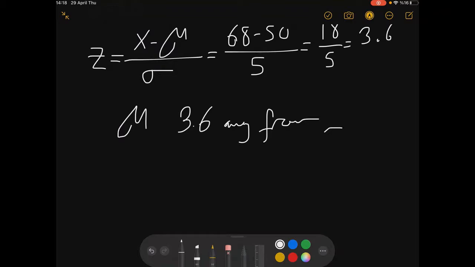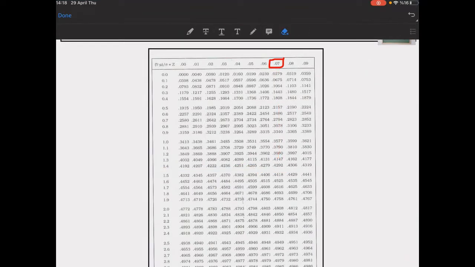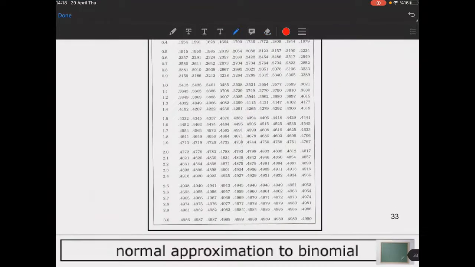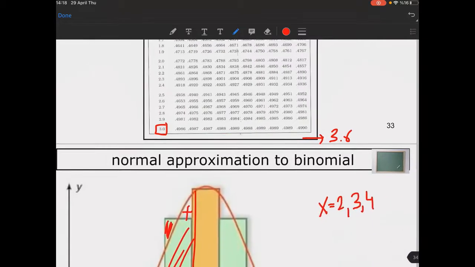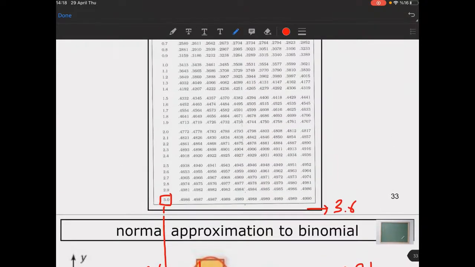So what is the chance for this one to be 3.6 away from the mean? Let's look at our table. I have here only 3.0. I cannot have 3.6 here. If you want 3.6, it should be something right here or something like this, but it's not in this table.